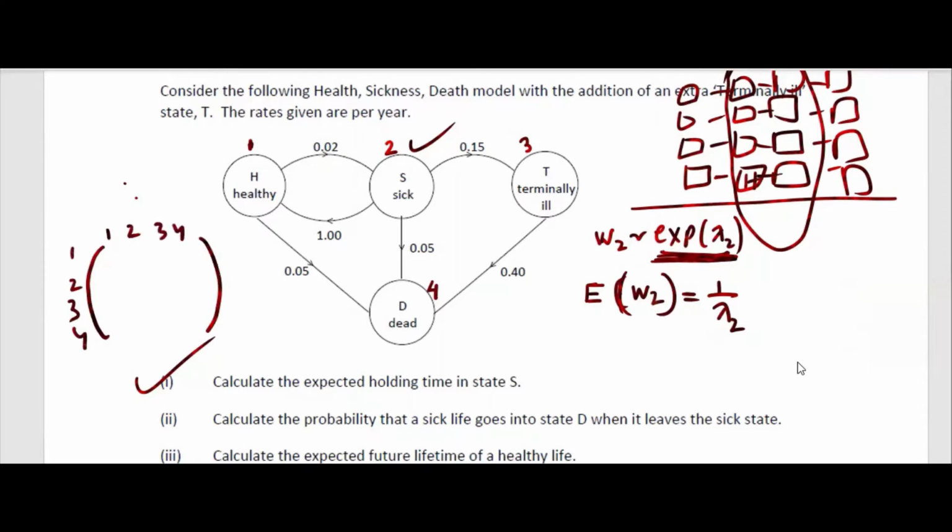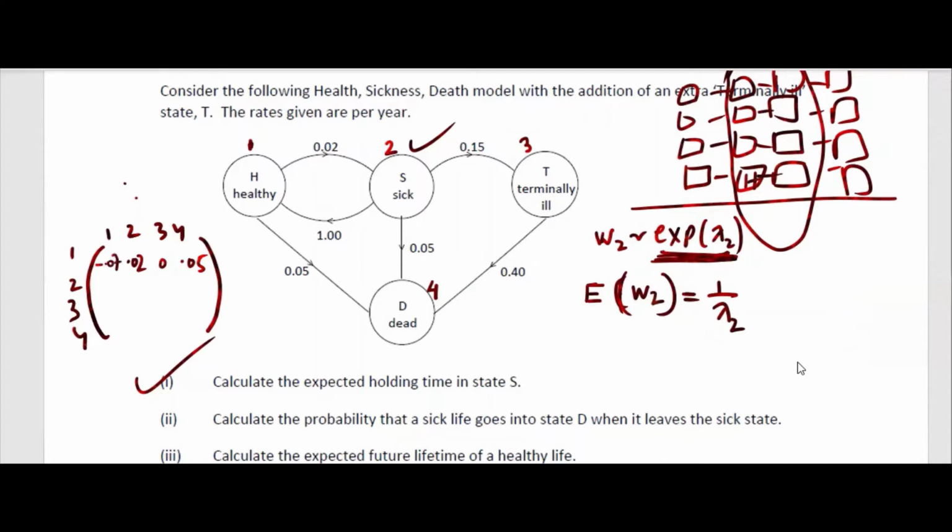So 1 to 2, this is 0.02. 1 to 3, you don't have, right? 1 to 4, yeah, 0.05. So that is minus 0.07. Okay, minus 1 to 3, are you sure it's not there? 1 to terminal ill, yeah, it's not there, but this is minus 0.07.